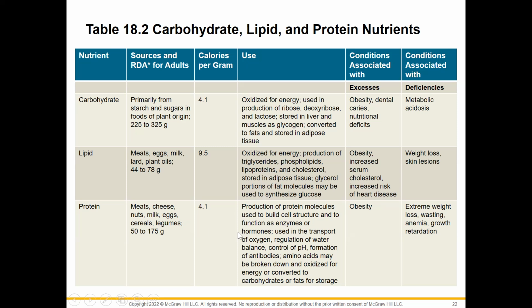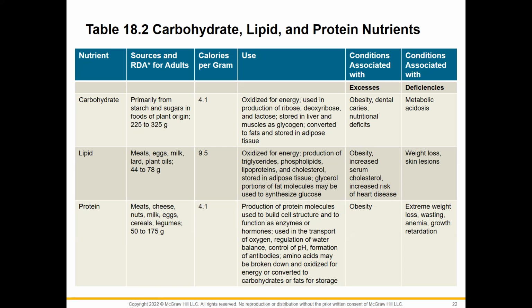This is how your body uses these things. This is what happens if we have too much of each of these. And this is what happens if we have too little of each of these. Notice in the excesses, you have obesity in all three of these categories, because remember, all of these can be converted to fat.